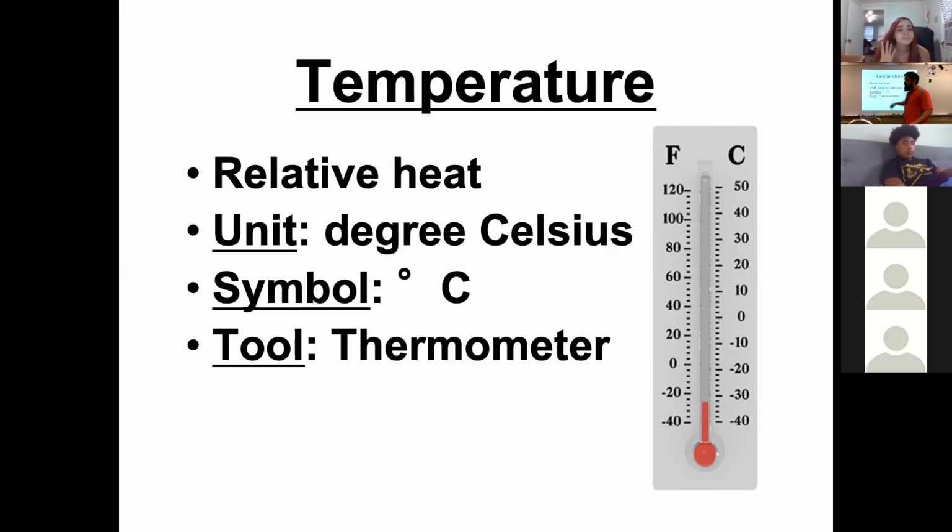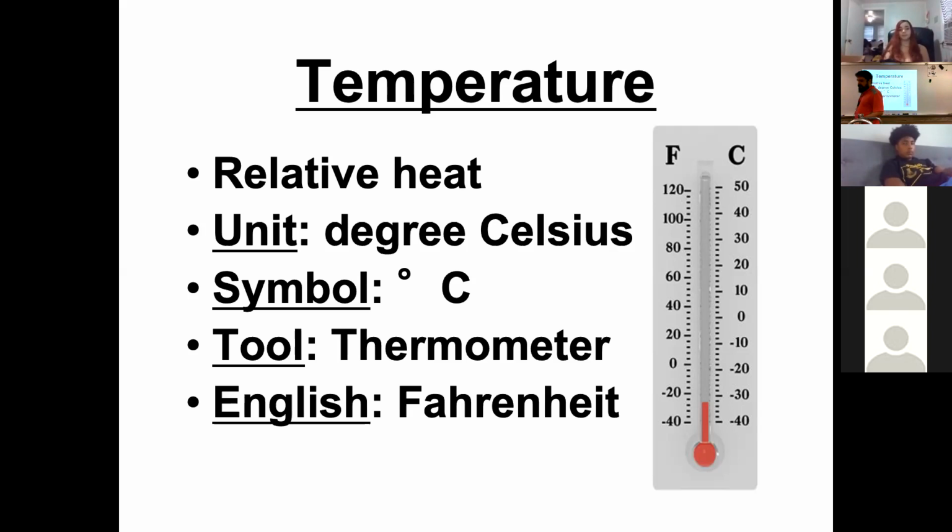And the tool we use then is a thermometer like this. You stick it against or inside the object that you want to take the temperature of to see how hot it is. Now, unfortunately, in this class, we're going to try to stick to the metric system, but because we live in the US, next semester especially, when we talk about weather, think about it.